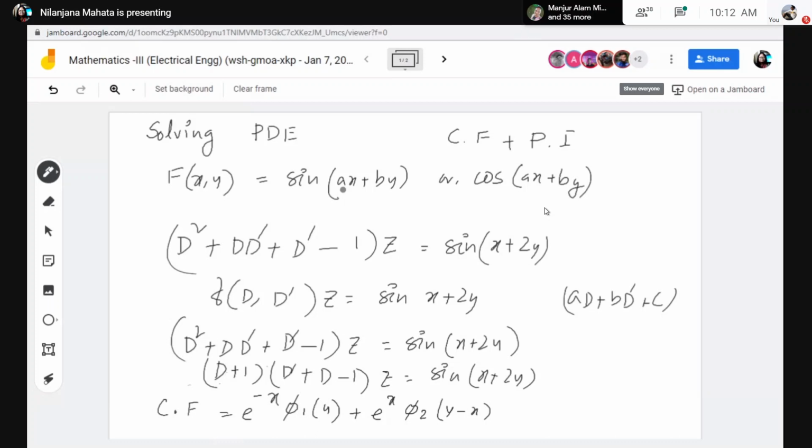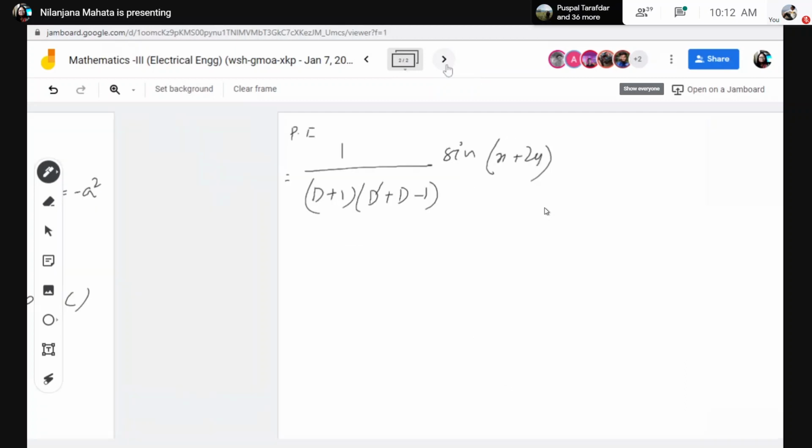You remember in ODE, I had to put D square as minus a square. Since here the independent variables are x and y, for D square we will put minus a square, for D dash square we will put minus b square, and for DD dash we will put minus ab.